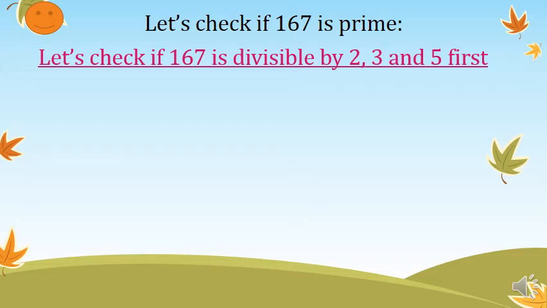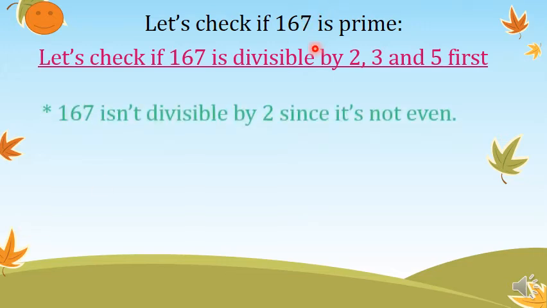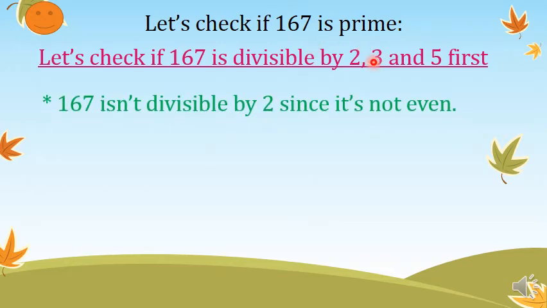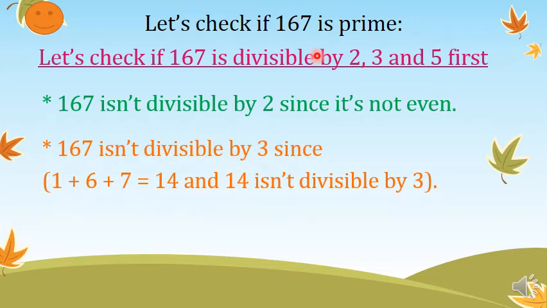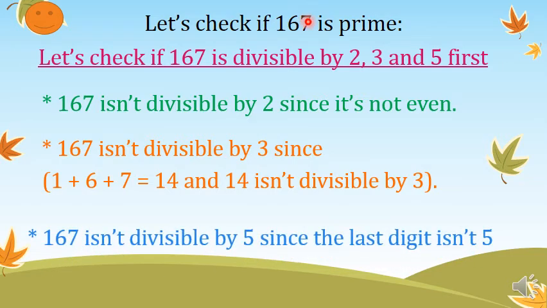Is it divisible by 2? It's not divisible by 2 because the ones digit is not even. Is it divisible by 3? Let's add the digits. 7 plus 6 plus 1 gives me 14, which is not divisible by 3. Let's check if it is divisible by 5. The ones digit is 7, not 0 or 5, so it's not divisible by 5.